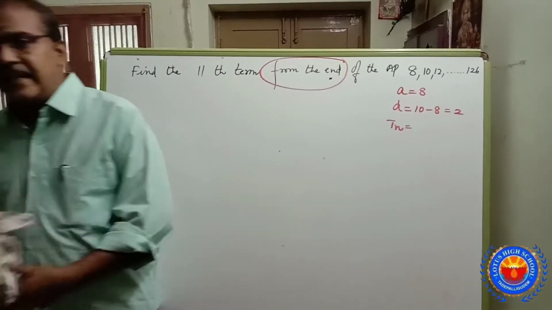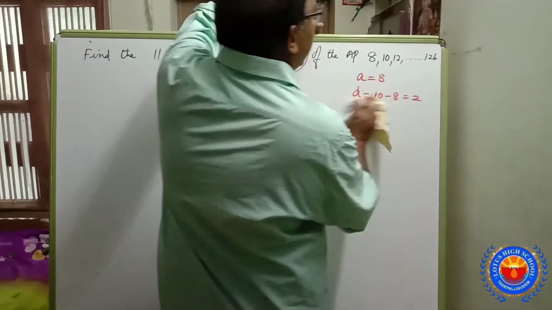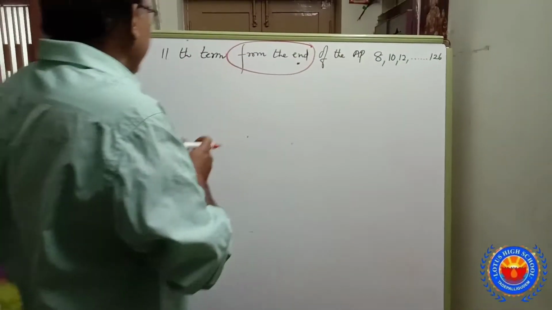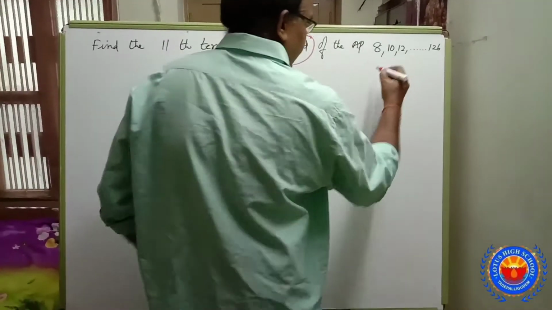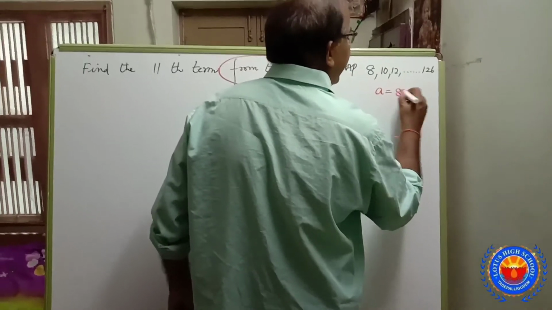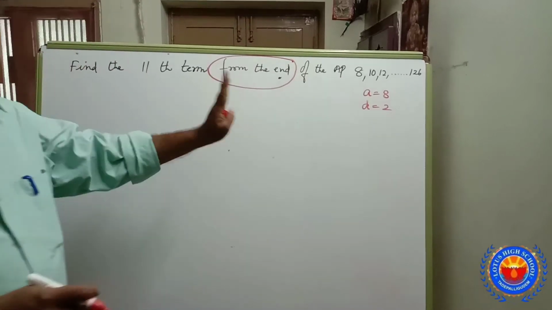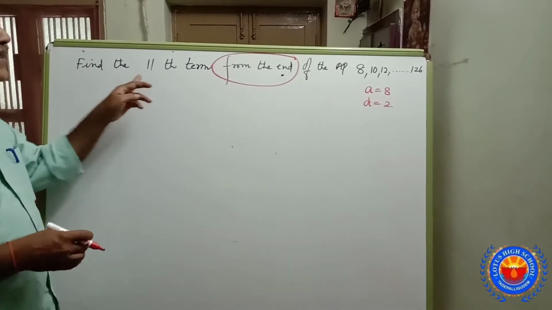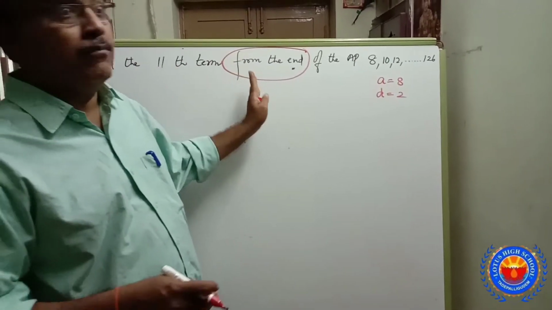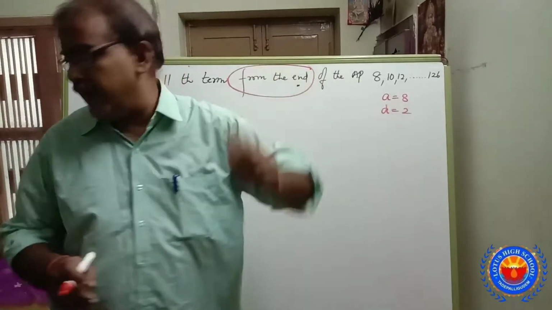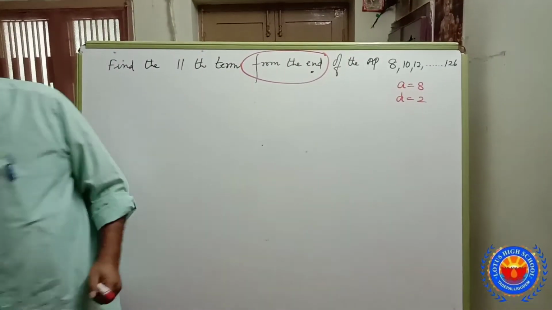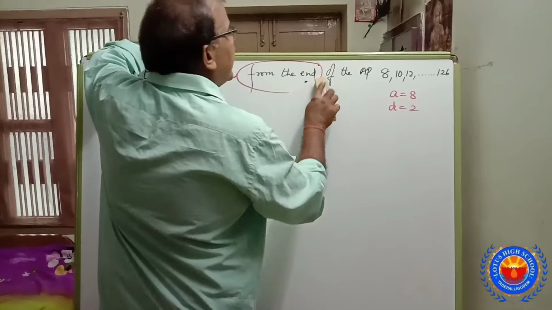But the sum is somewhat different. Once again I am reading: here a is equal to 8 and d is equal to 2 if from the end is not there. In this question, find the 11th term from the end of the AP. This is very, very important.